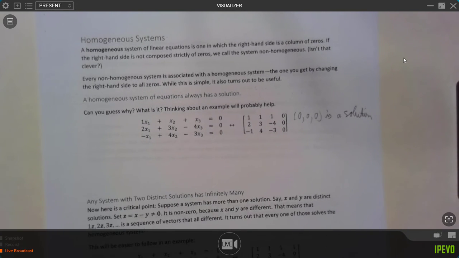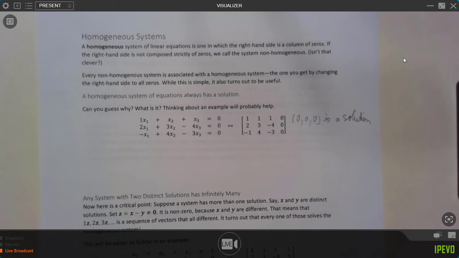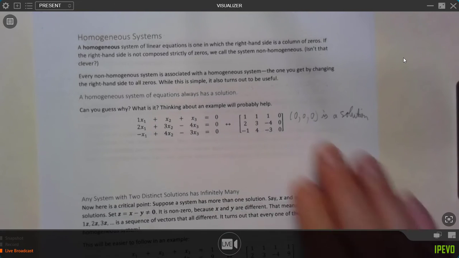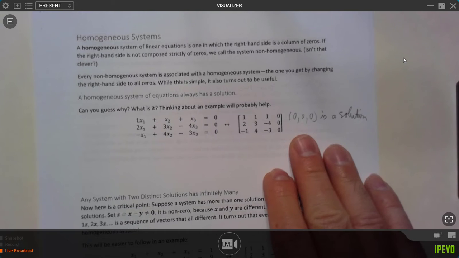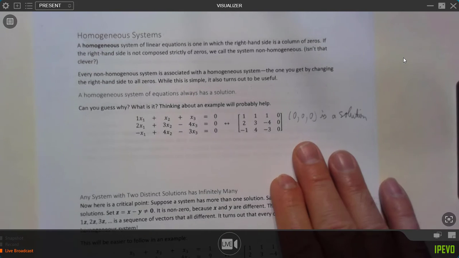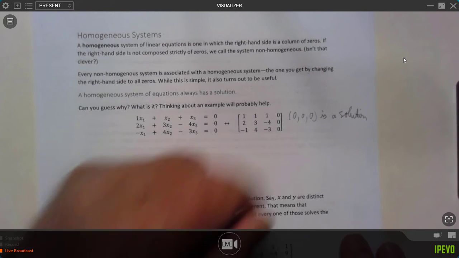homogeneous system. Now, that means that we know in general there are three possibilities. A system of equations has no solution, exactly one solution, or infinitely many, and we've just tossed out one possibility. No solution isn't possible with homogeneous systems, and therefore if you're looking at a homogeneous system, it has either a unique solution or it has infinitely many solutions.